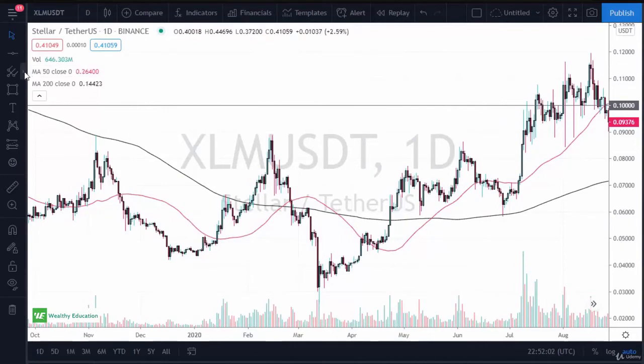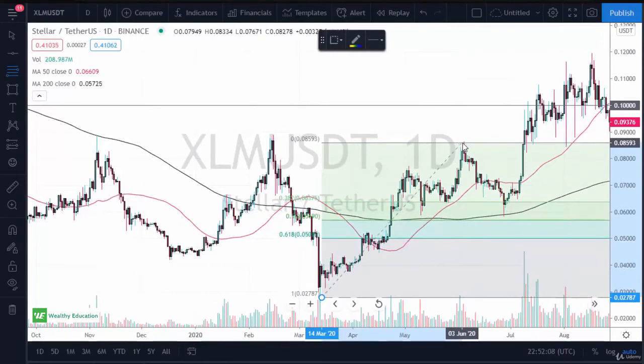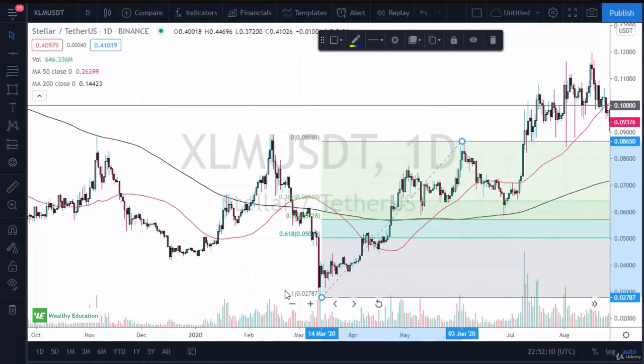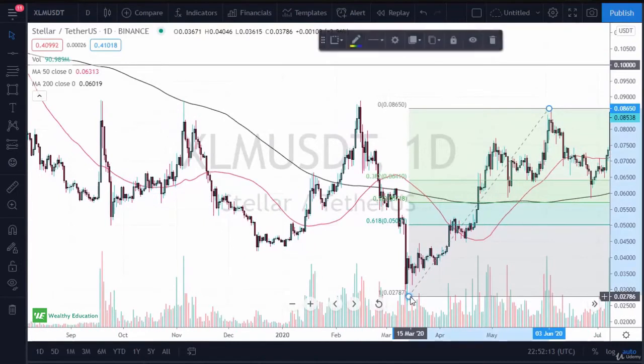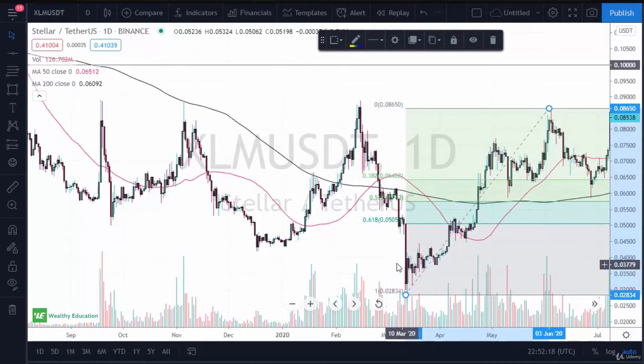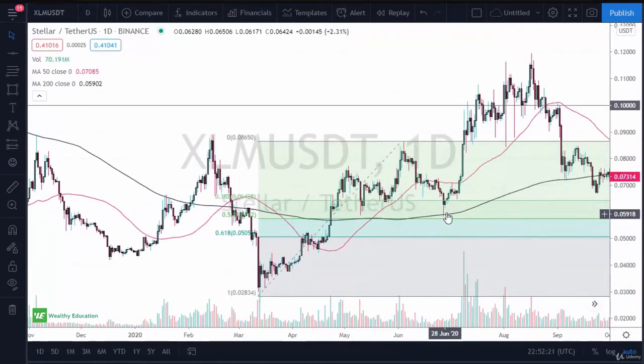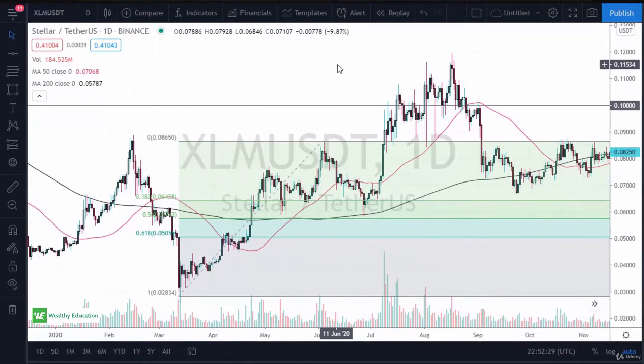Furthermore, I'd also point out that the pullback right there has the 200-day EMA, previous support, a hammer-shaped candlestick, and the 50% Fibonacci retracement level. 200-day, hammer, 50% fib with an uptrend, previous support.